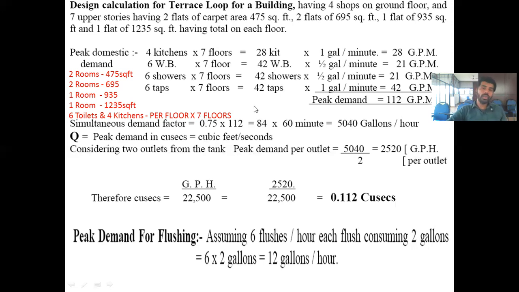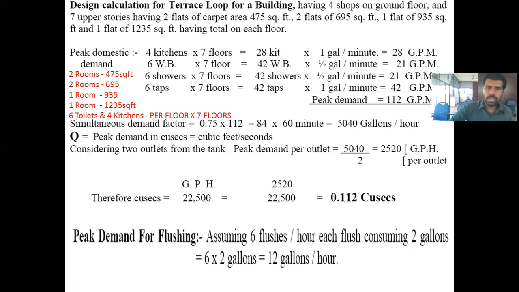So we have 28 kitchens, 42 wash basins, 42 showers, 42 taps, because we have a total of 7 floors, and we have 6 toilets as well as 4 kitchens each.